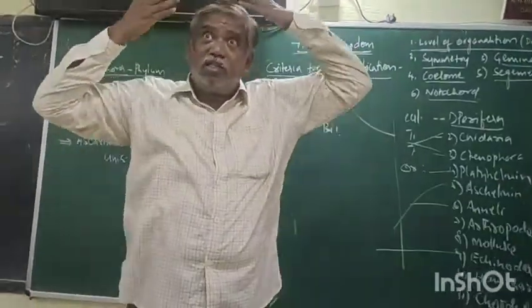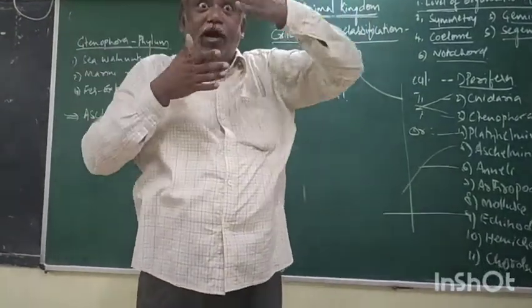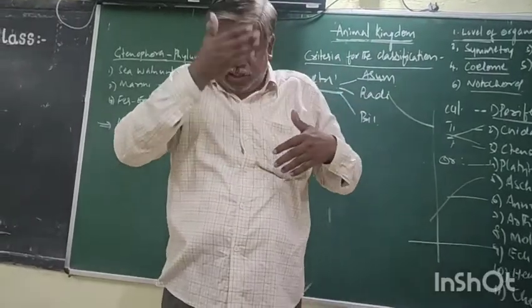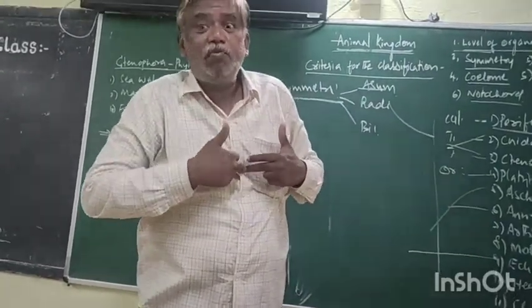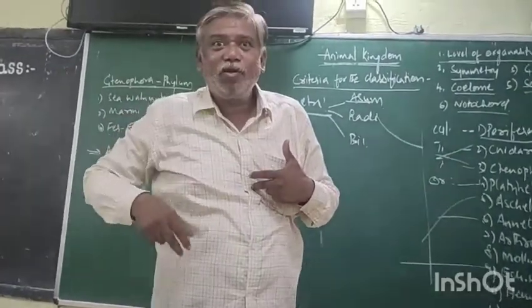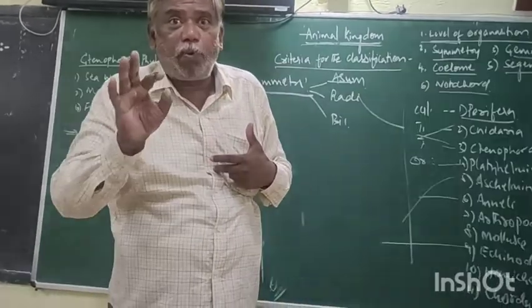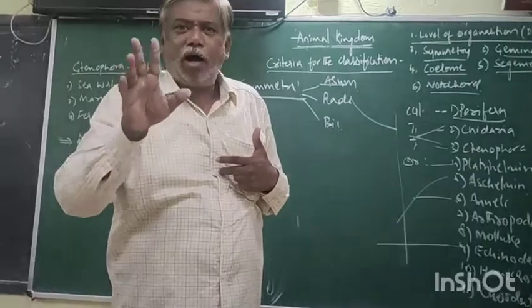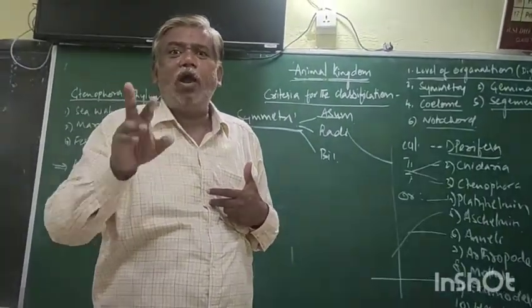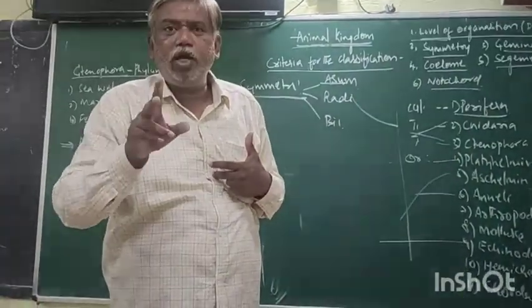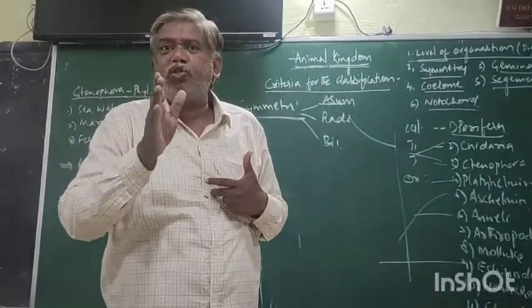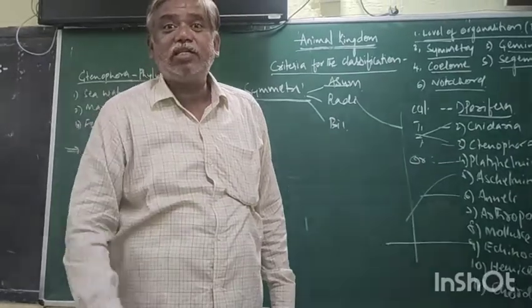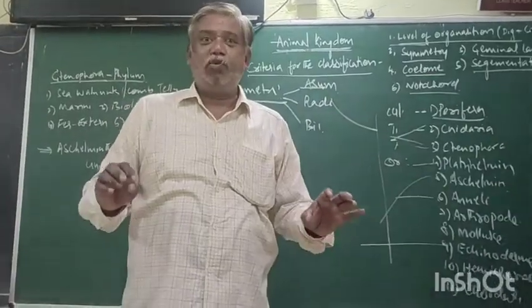This is also longitudinal, this is also longitudinal. But this longitudinal is from mid-ventral to mid-dorsal. If the longitudinal section passes in a particular fashion and the body gives two equal halves, such is called bilateral symmetry. This is the most important.